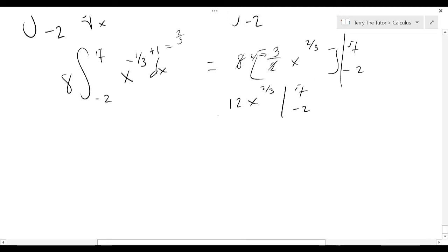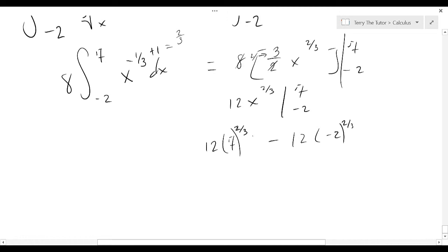So what I'm going to do is plug in the 7 and the negative 2. 12 times 7 to the 2 over 3 minus 12 times negative 2 to the 2 over 3. Oh, these parentheses are in the wrong place.